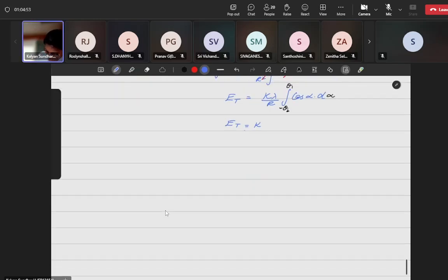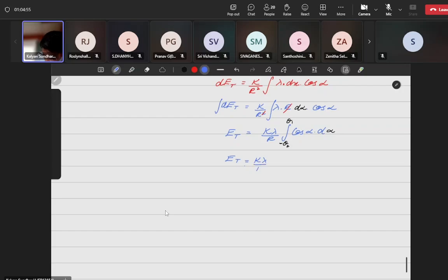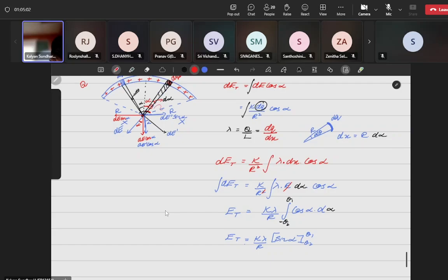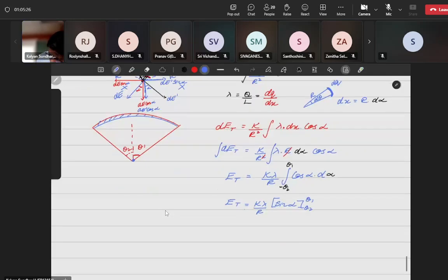So this will be of k lambda by r sin alpha. Limits will be from minus theta 2 to plus theta 1. So here the limits in the angle up to this point. இத theta 1-னும் இத theta 2-னும் எடுத்துக்கிறேன். So this is the angle which has been subtended for this wire, complete wire. இந்த இடத்துல electric field கண்டுபிடிக்கிறது.